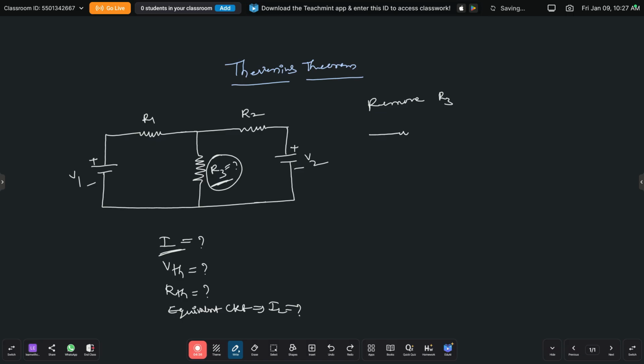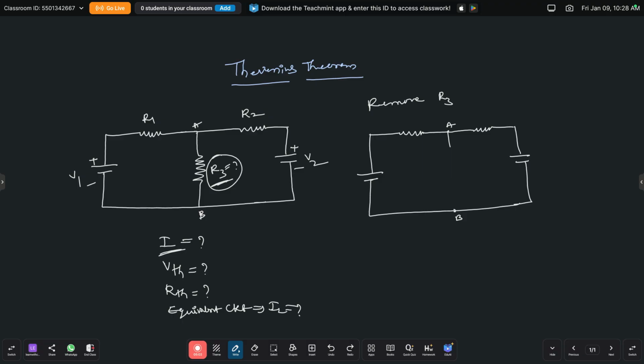Then the circuit becomes R1 and R2, with source 1 and source 2. Suppose this is point A and this is point B. So we need to remove this R3.